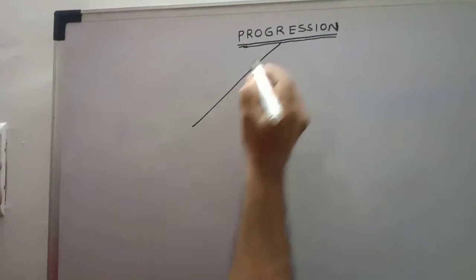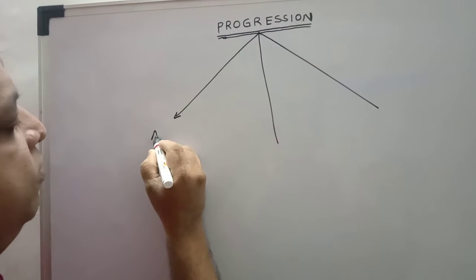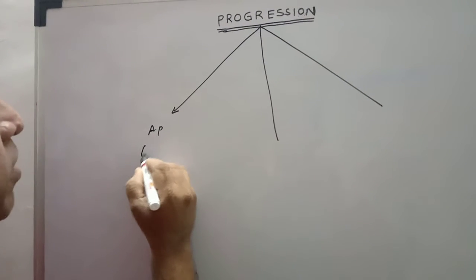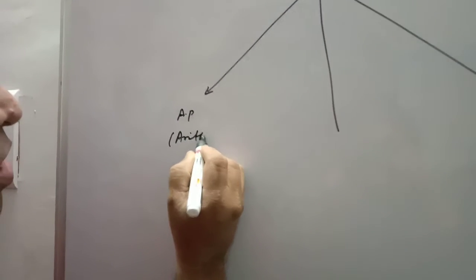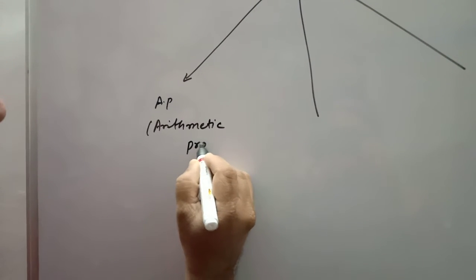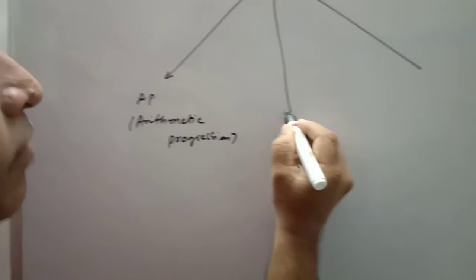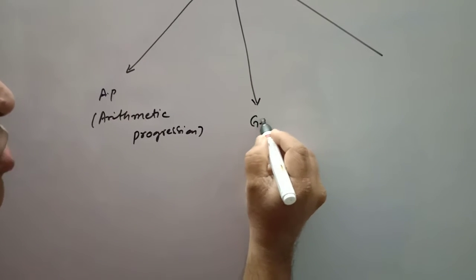There are three types of series in progressions. One is the AP series, which is called arithmetic progression. Secondly, geometric progression.